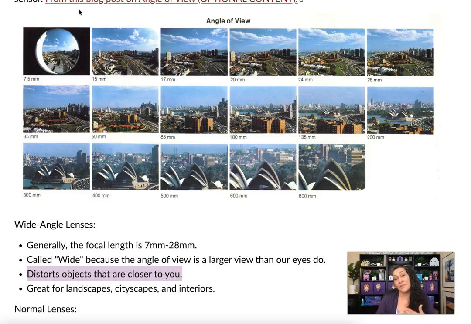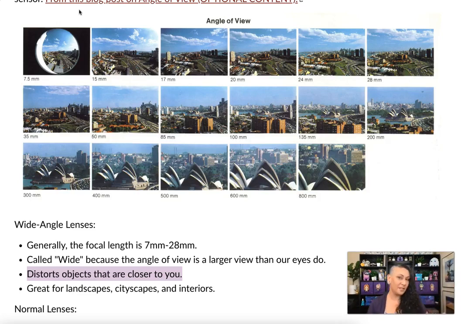At the same time, there are some photographers who use it for an artistic effect with portraits. Platon does some really cool photos with musicians using a wide angle lens, and so maybe the head of the guitar is super close to the lens, so it looks really big and distorted, while the person is a little further back and looks a little more normal.